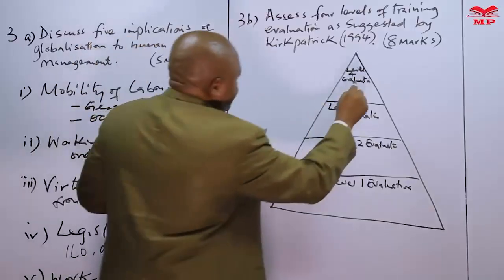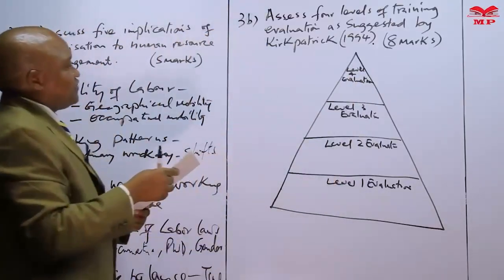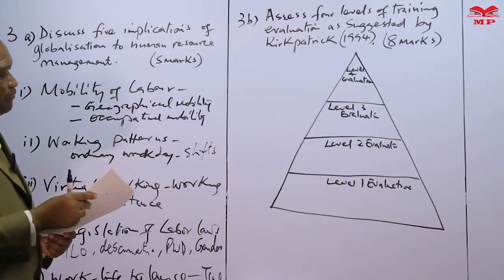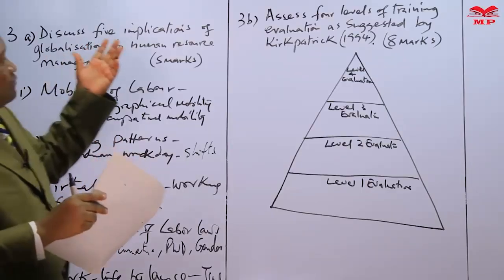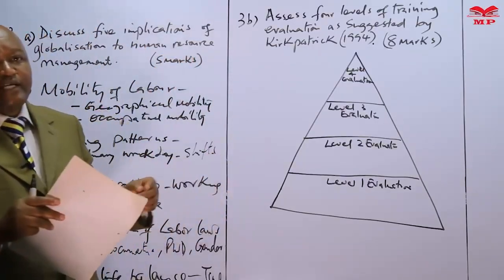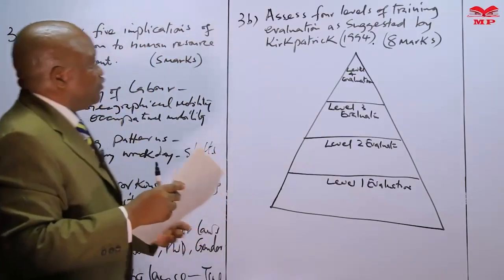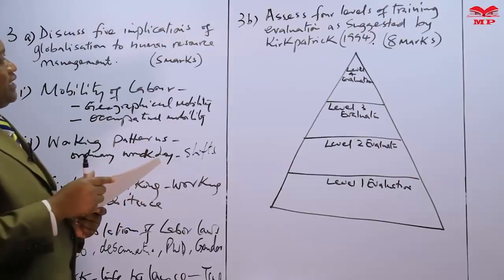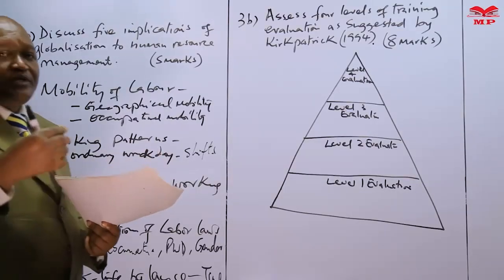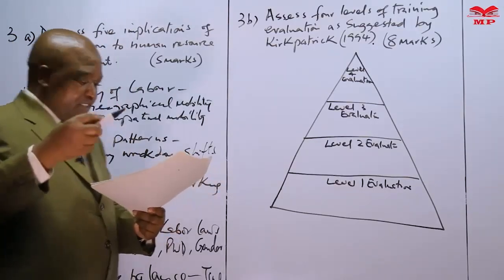What Kirkpatrick thought was that when it comes to evaluating training that has taken place, there are these levels which are supposed to be used to evaluate how learners captured or got the knowledge that they got in these areas.